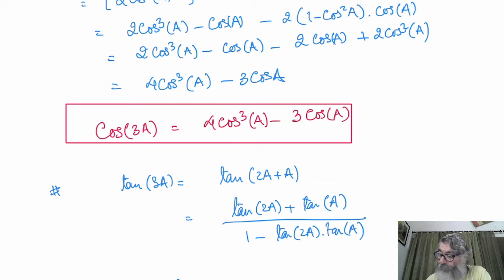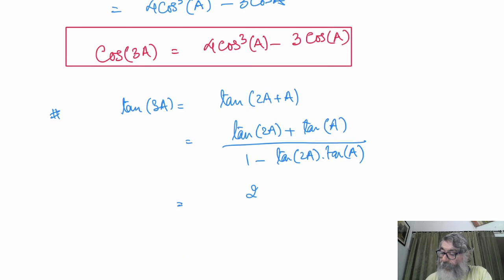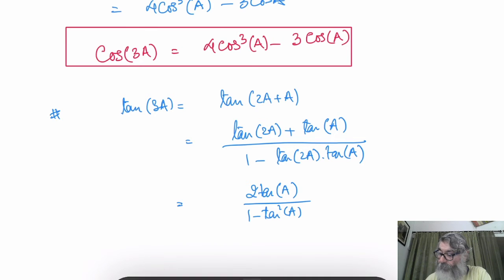Now tan 2A formula, we know what tan 2A is: 2 tan A upon 1 minus tan square A. That had come when we were doing the double angle formulas.